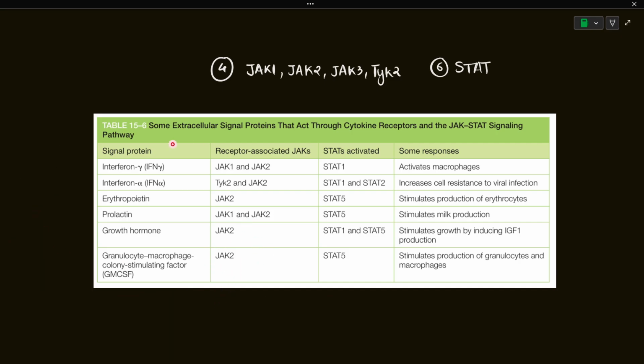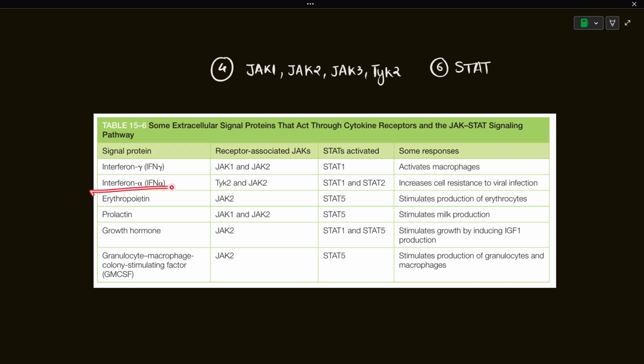Okay, in the same way I explained prolactin, these are the other signaling molecules which work through the JAK pathway. So interferon gamma: the receptor for interferon gamma could be associated with JAK1 or JAK2, and they activate STAT1, which is going to activate macrophages.